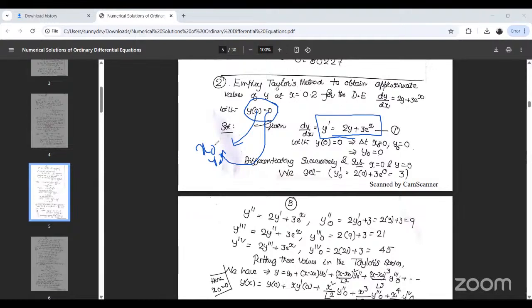So x naught equal to 0 and y naught equal to 0. First we are doing the differentiation.